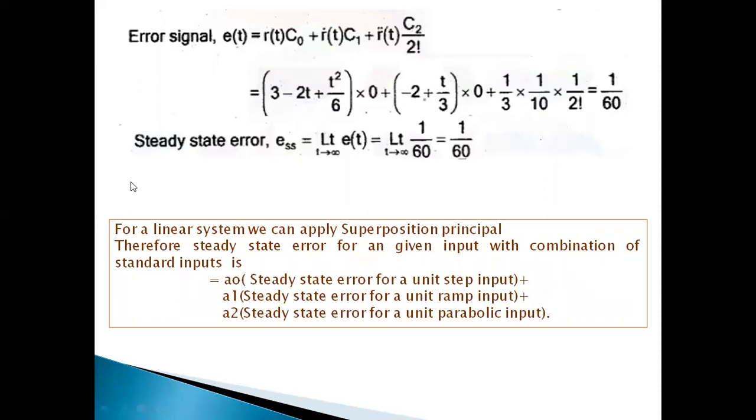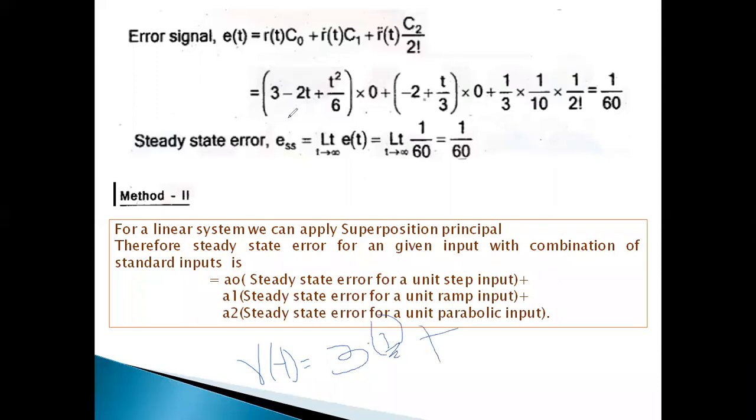So one more alternative method to find out the steady state error. If we observe the input, this is R of t. So given input R of t, if it is a combination of standard inputs, in the previous problem, this is unit step input multiplied with 3.